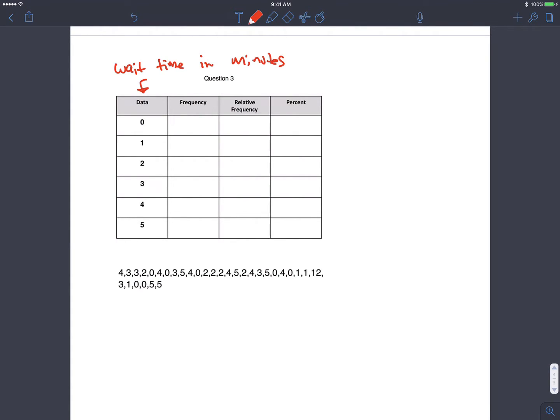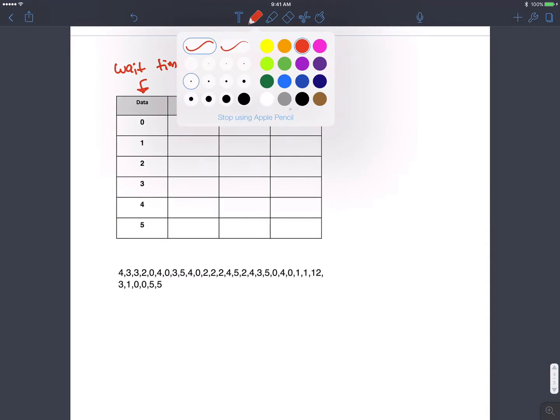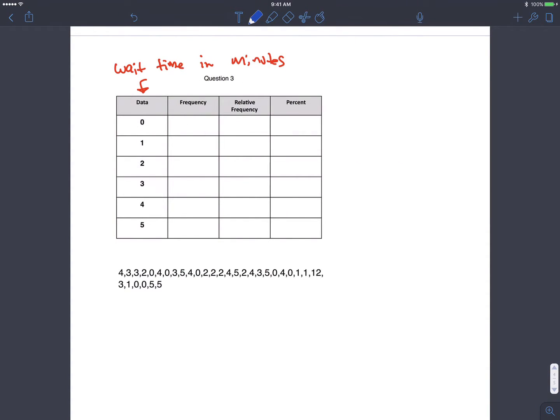Let's go back now here and determine the frequency value for the wait time in minutes. Okay, so let's count how many zeros. 1, 2, 3, 4, 5, 6, 7. The frequency of data value 0 is 7.